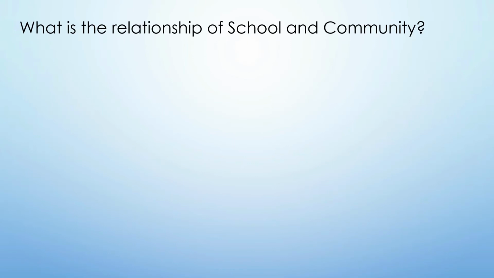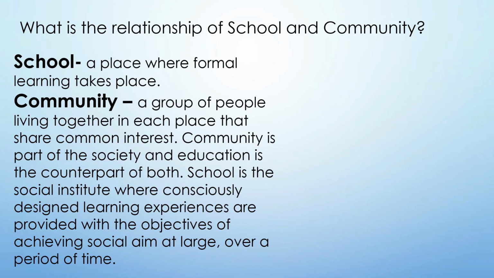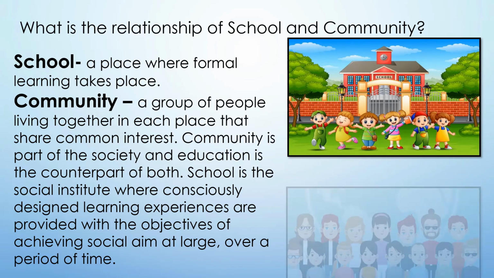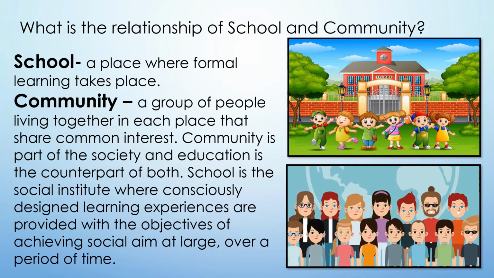What is the relationship of a school and community? School is a place where formal learning takes place, while the community is a group of people living together in each place that share common interests.